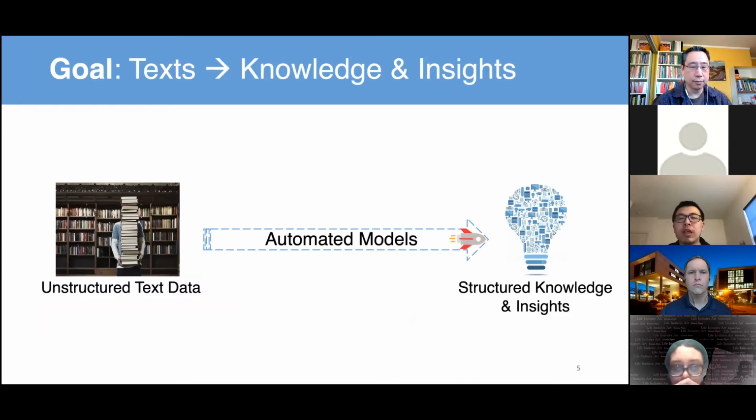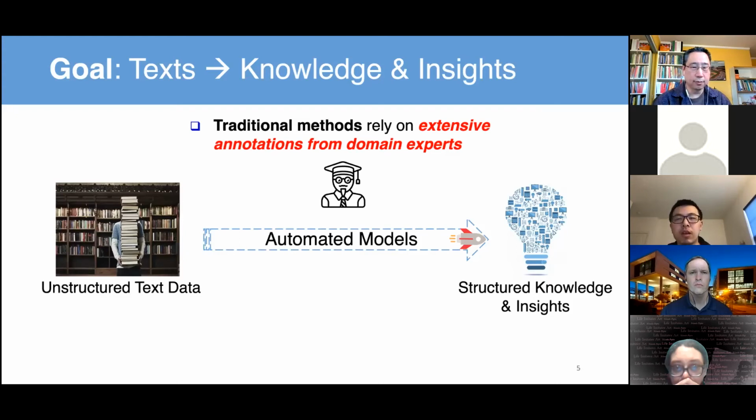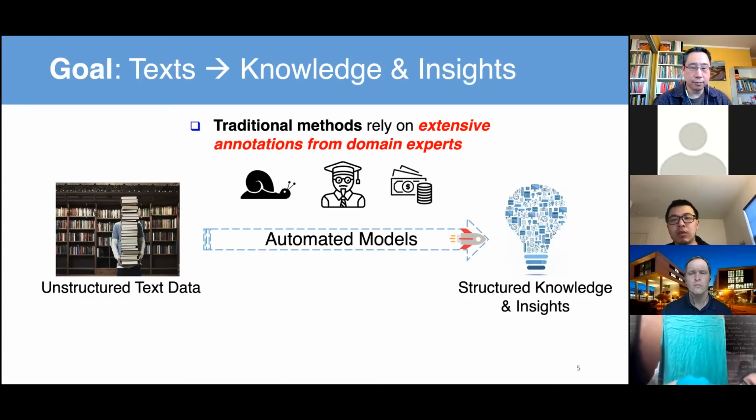In AutoNet, we want to develop a series of automated models to turn unstructured text data into structured knowledge and insights. There are many traditional methods from the NLP community, but they rely on extensive annotations from domain experts. I will show you an example later of how this annotation looks, but you can imagine that this annotation process itself is time consuming and also expensive, especially in specific domains.